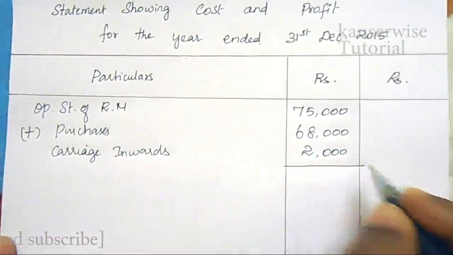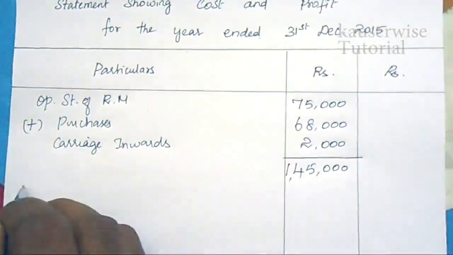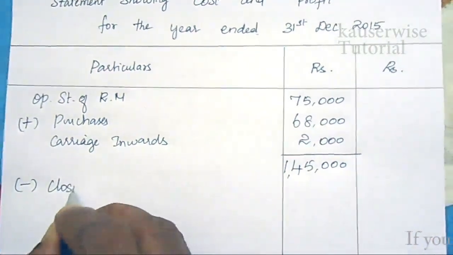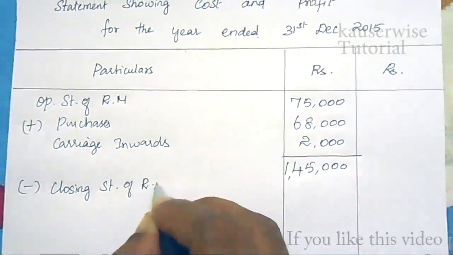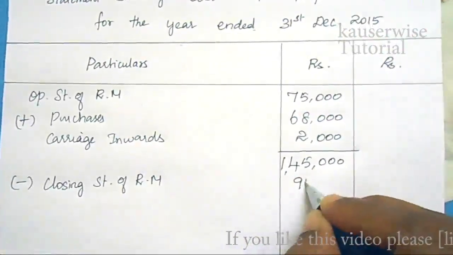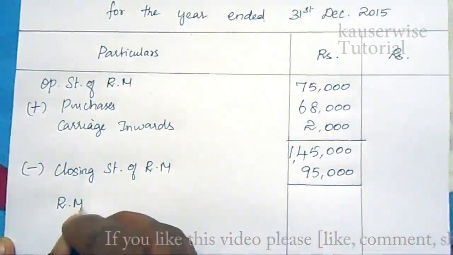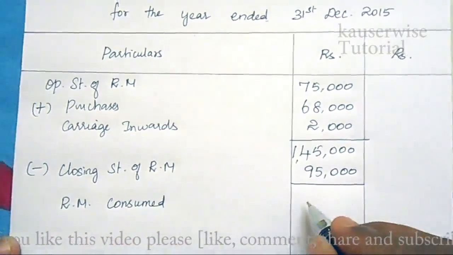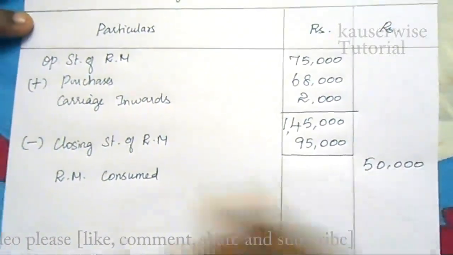Then find the total, 1,45,000. Now subtract closing stock. Closing stock of raw material. How much? 95,000. Then you will be getting raw material consumed during the year. How much? 50,000.